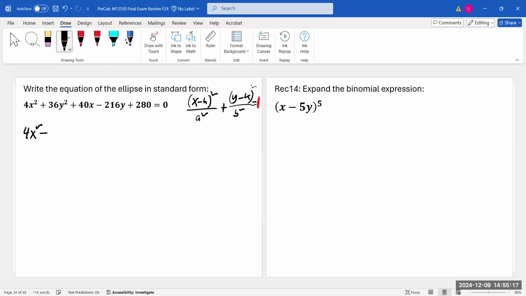So 4x squared plus 40x, 36y squared minus 216y, and I forgot, subtract 280.